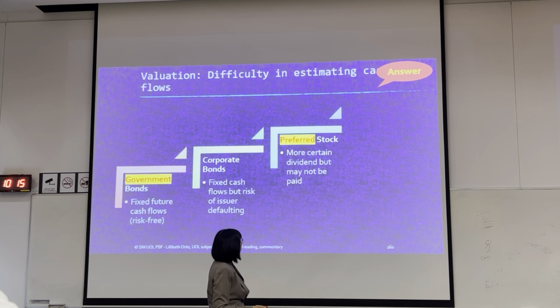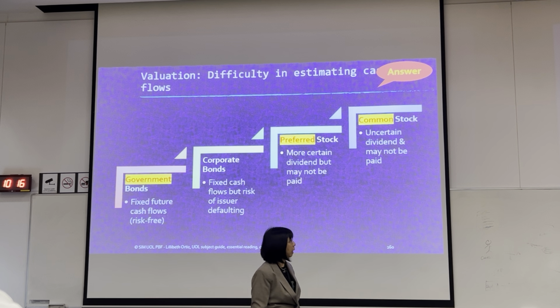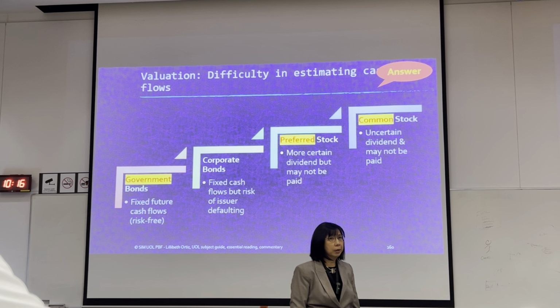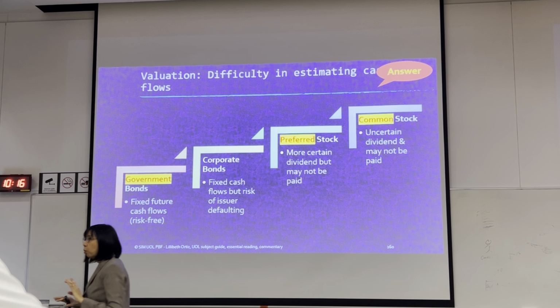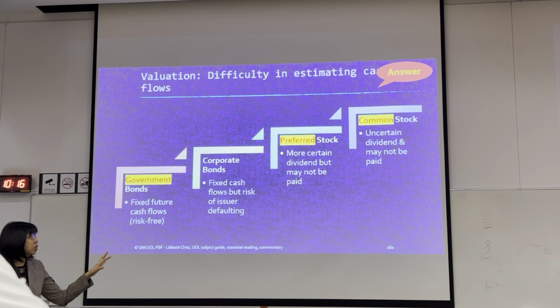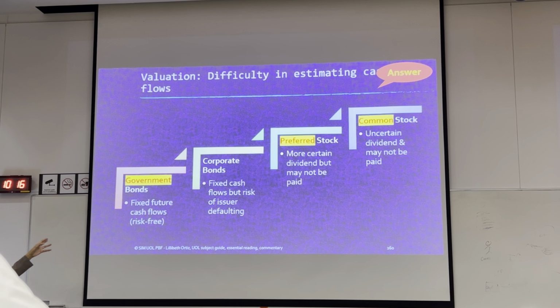You know how much is paid, but it may not be paid because it's still equity, and then common stock. Hopefully this gives you an idea which is the most uncertain: common stock, and therefore the most difficult to value. The easiest to value would be government bonds. You're sure that's how much they'll pay, so you can just discount those cash flows.